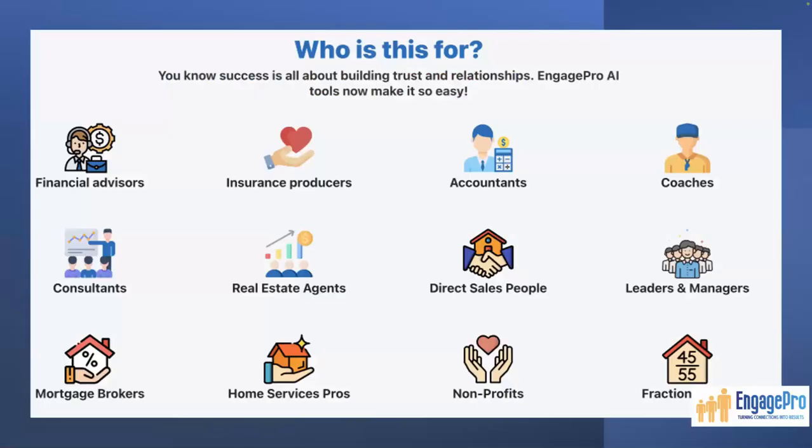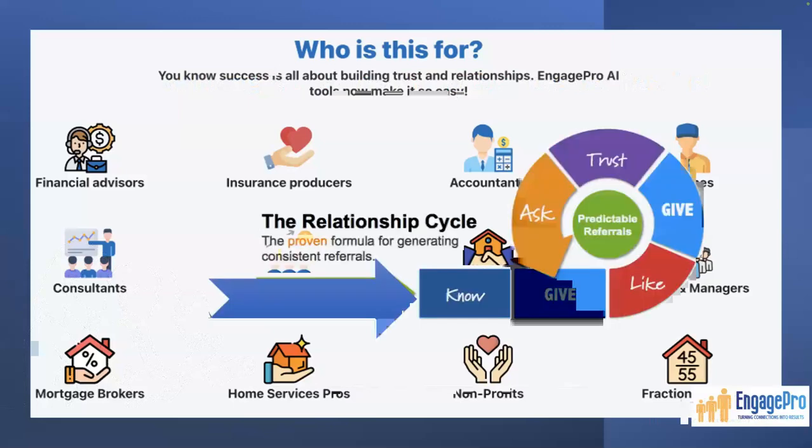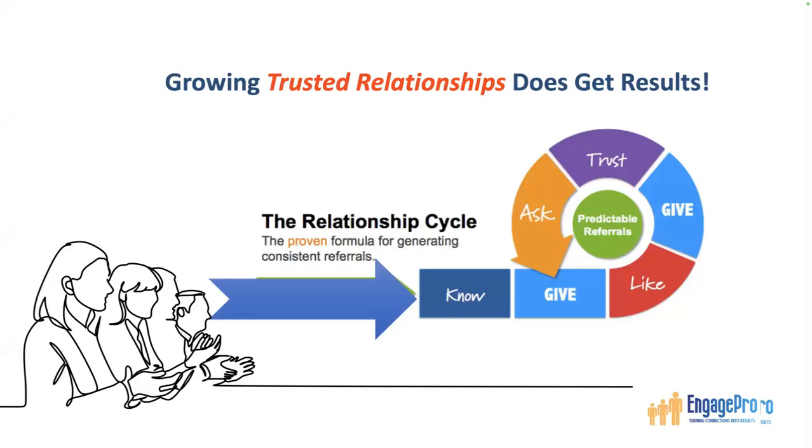Anyhow, moving on, growing trusted relationships gets results, and it's all a part of what we call the relationship cycle. You've heard the framework. People do business with those who they know, like, and trust. However, what's left out are two important components of that. You build trust by how you give into the relationship.